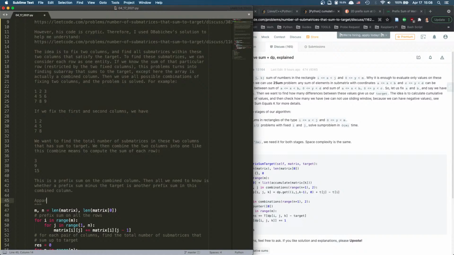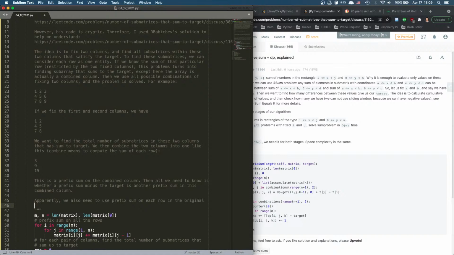Oh, yeah, that's it. That's apparently the last paragraph. Apparently, we also need to use prefix sum on each row in the original matrix to find the sum of any row demarcated by any fixed columns.